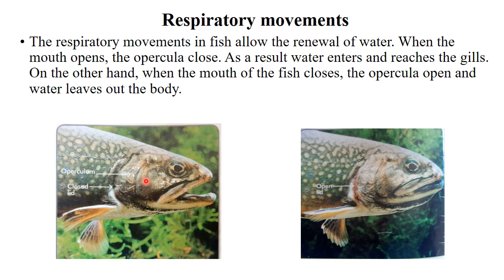What happens now? Water enters and reaches the gills. On the other hand, when the mouth closes, the opercula open and water leaves out of the body from the opercula. These are the respiratory movements that allow the renewal of water.